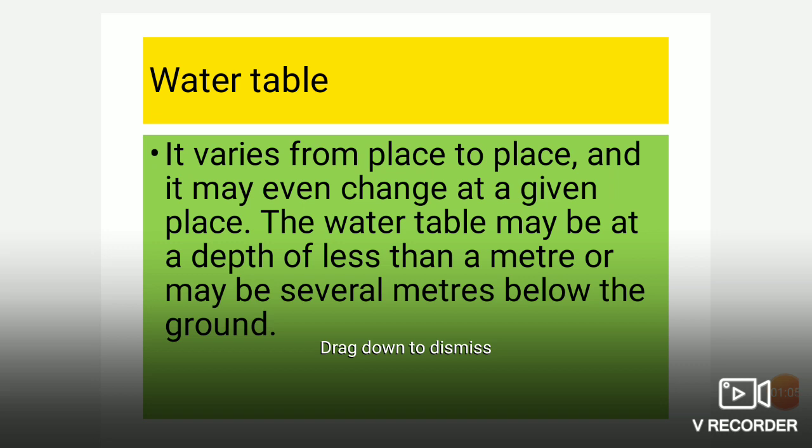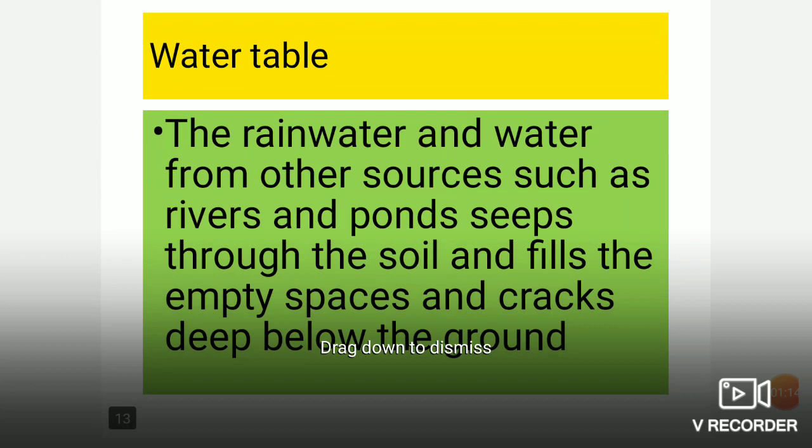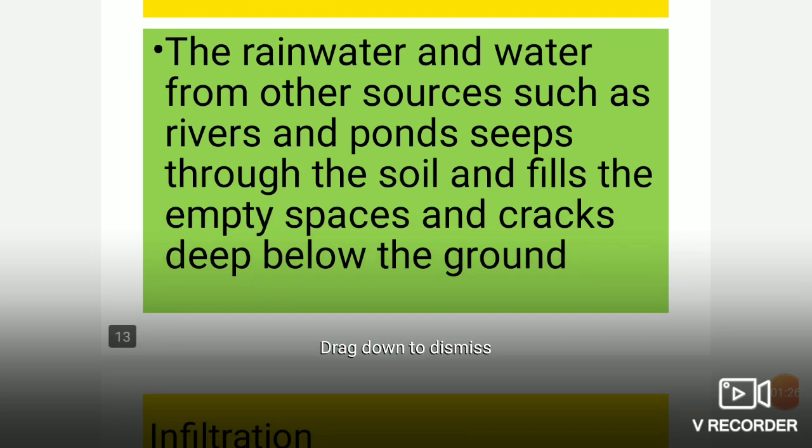But if we talk about any seashore area, there we are easily able to find the water table. The water from outer sources such as rivers and ponds seeps through the soil and fills the empty spaces and cracks deep below the ground.